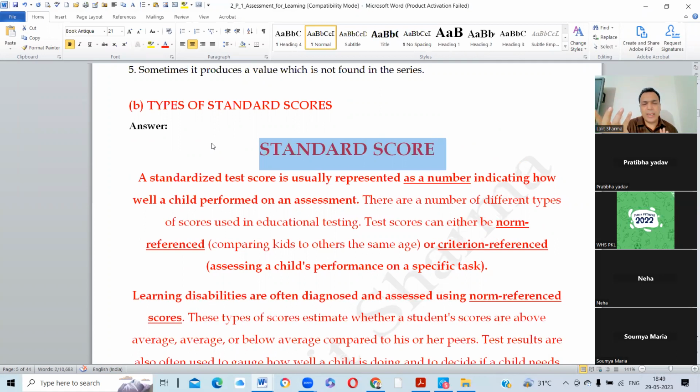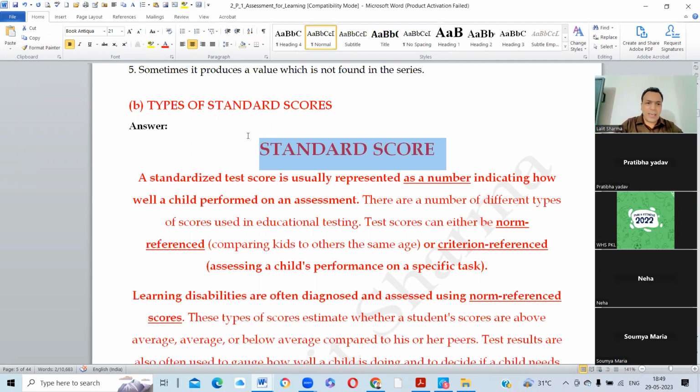For example, you are conducting a test, and if the student gets 60% marks, then they would be promoted, or whatever, they would be given prizes if they got 60% marks. So that 60% marks is a standard score, right?